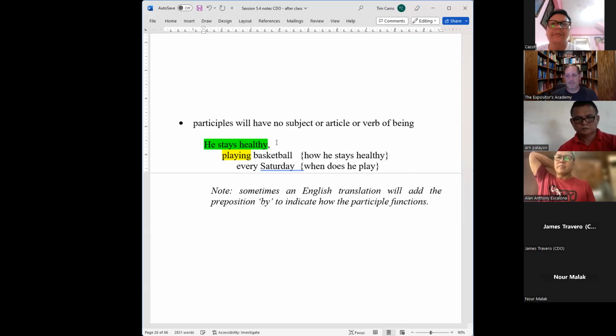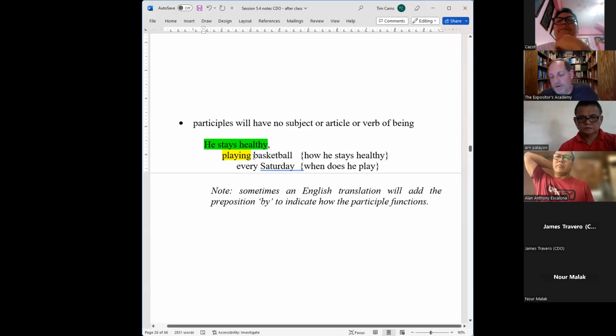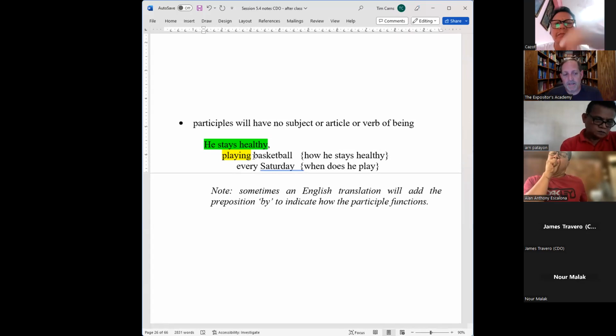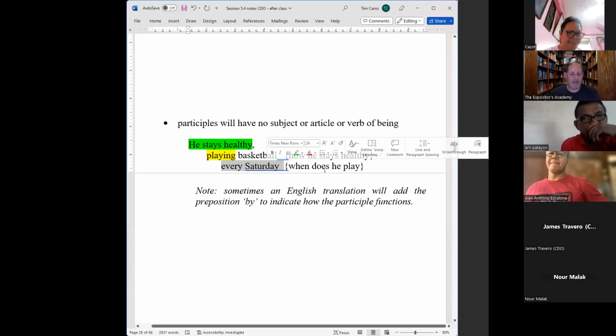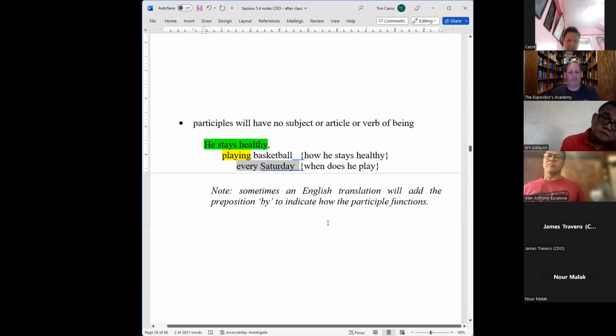Now, here's something to keep in mind as well. Remember that I said participles are verbal. So even though they don't act like a regular verb, they have some verbal elements or aspect to it. For example, in this case, every Saturday identifies when, right? And if you remember, when something happens, that usually modifies an action. So playing basketball is an action, an activity.